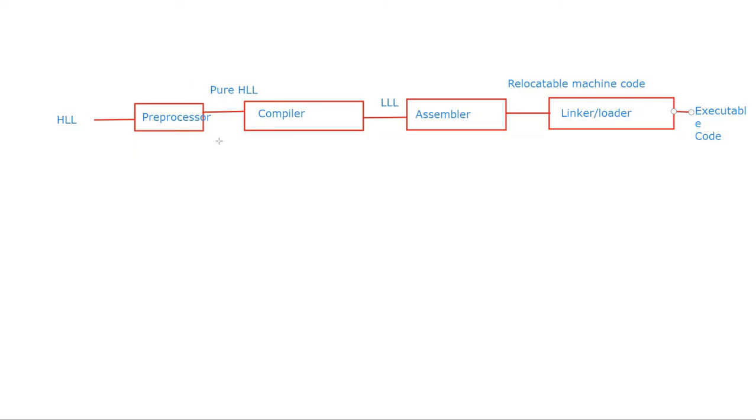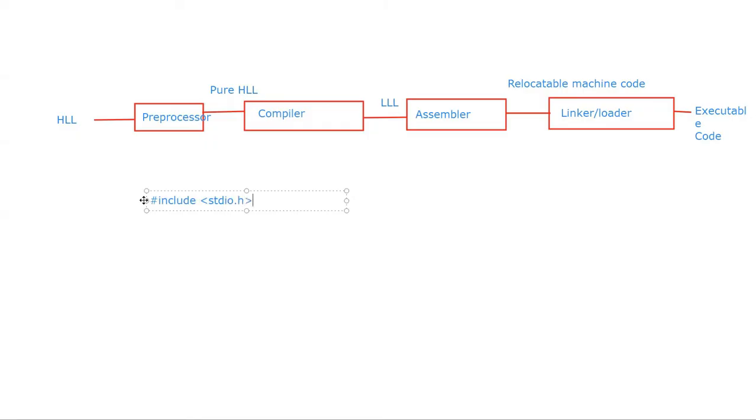So first of all, what is a preprocessor? Preprocessor is a special type of system software which detects all the macros and preprocessor directives written in your program and expands those into the source code. Now let's take one example. Suppose you have written a program in C language, and first of all you write this type of file inclusion code.